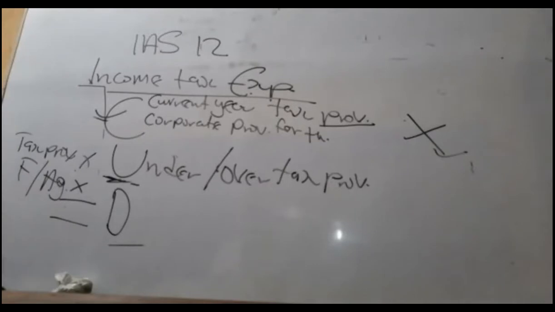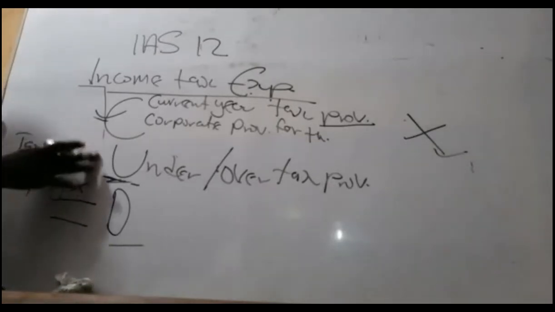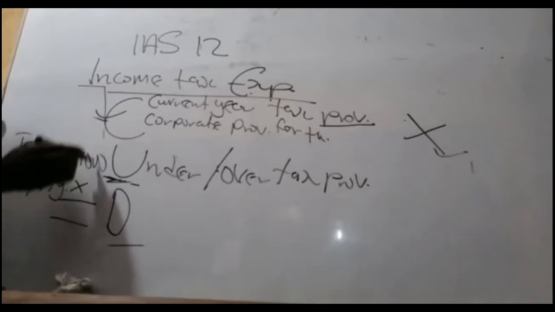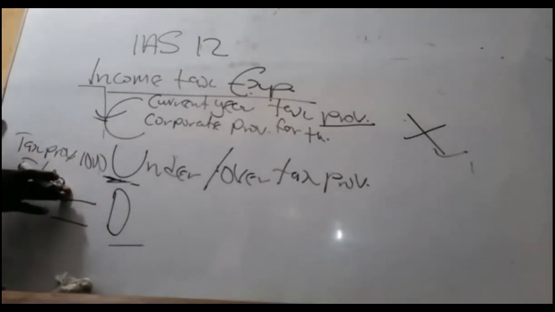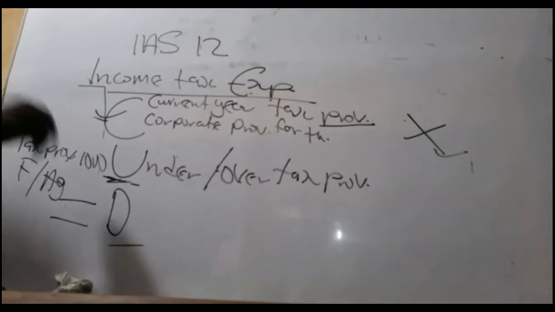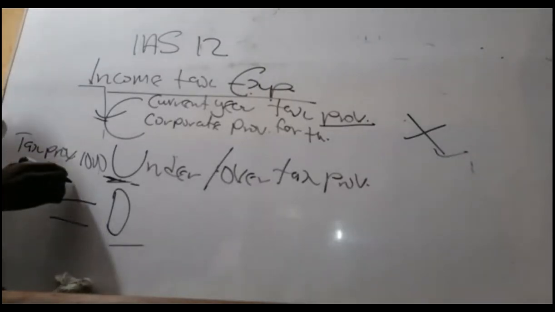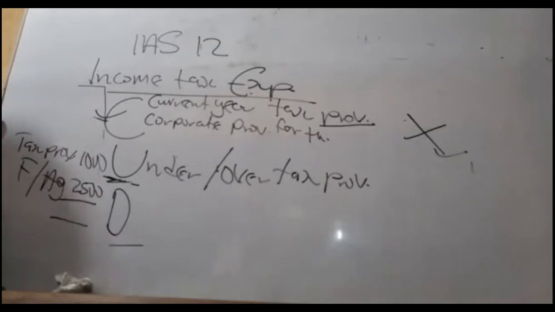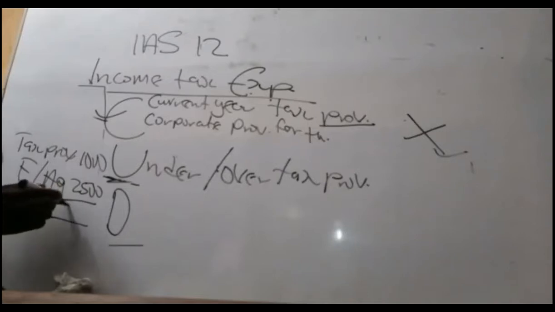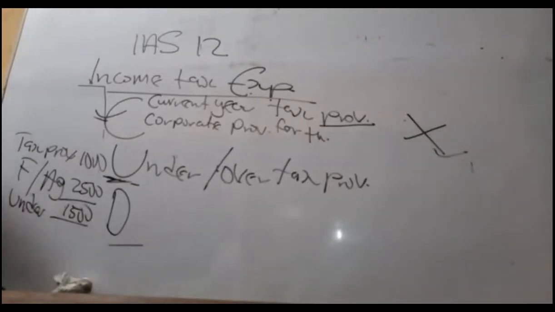Good. If it is under, let's assume that you make a provision of 1,000 Ghana cedis. But the tax authority says, no way, I will not agree to this 1,000 Ghana cedis. Your tax must be what? 1,500 Ghana cedis. So let's create under tax provision or over tax provision. So to be under tax provision of 500. Under means the tax that you provided in the book was small.